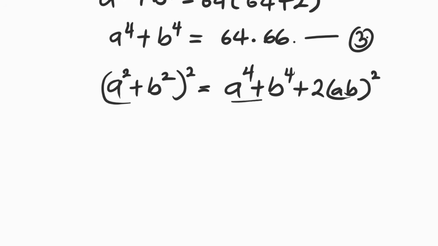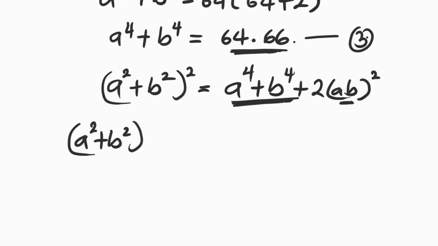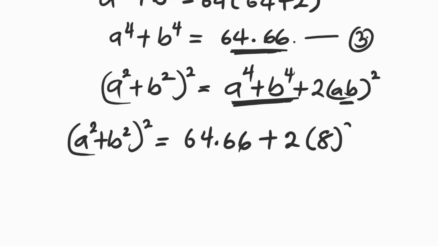Now, we know what a raised to the power 4 plus b raised to the power 4 is, which is 64 times 66. And we know what ab is. ab is 8. So now we have a squared plus b squared raised to the power 2 equals 64 times 66 plus 2 into 8 squared.